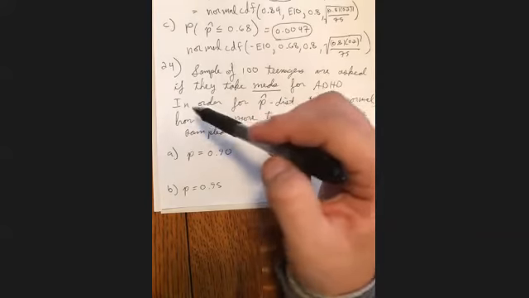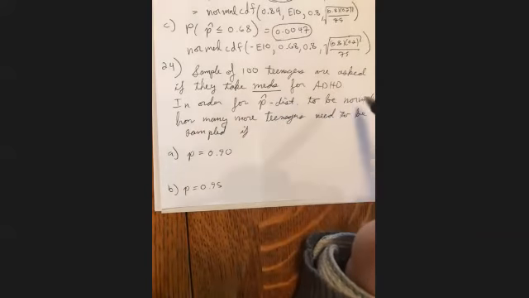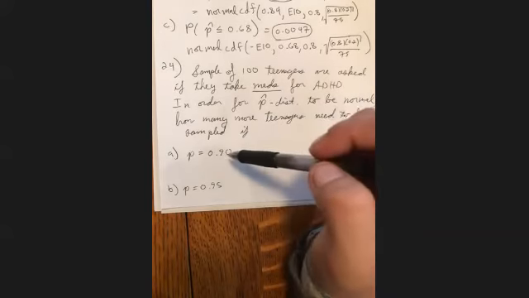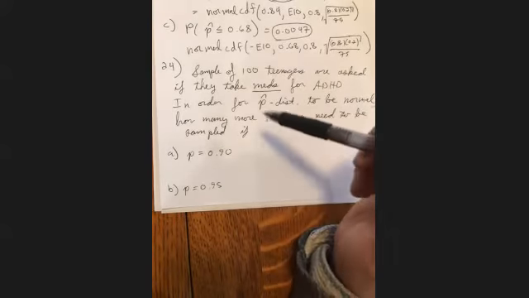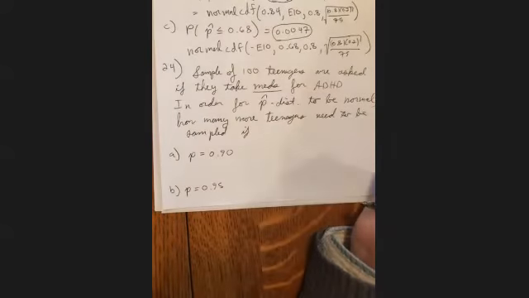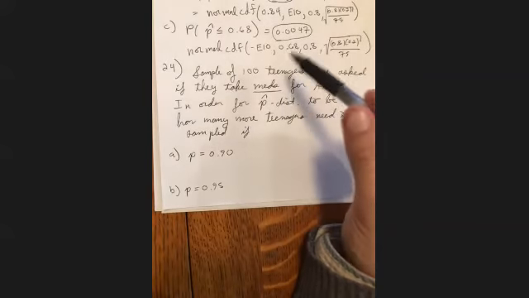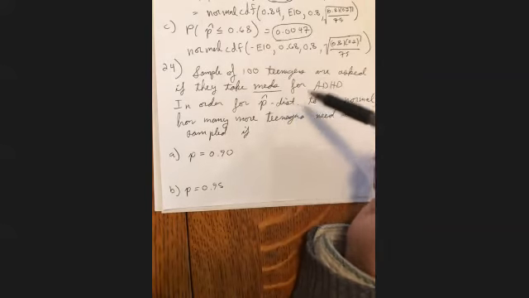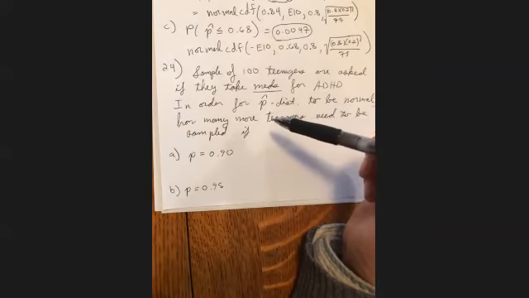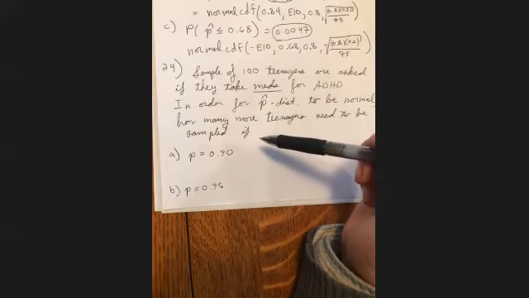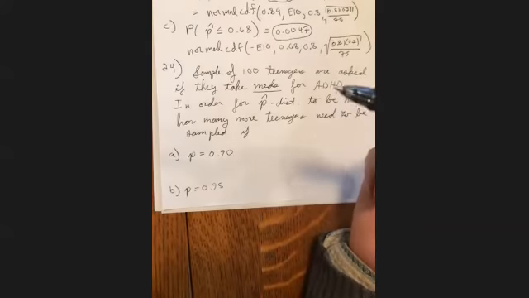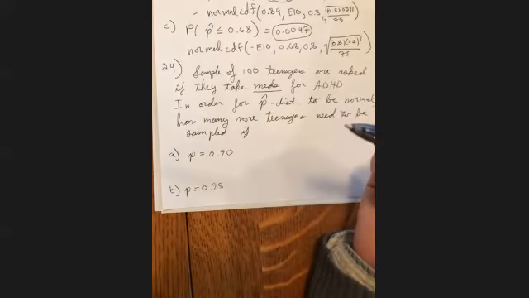Now the question is, how many more teenagers do we need to ask in order for the p-hat distribution to be normal, if, part A, we assume that the population proportion is 0.90.